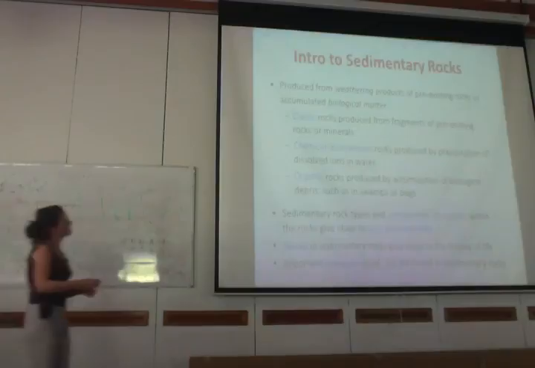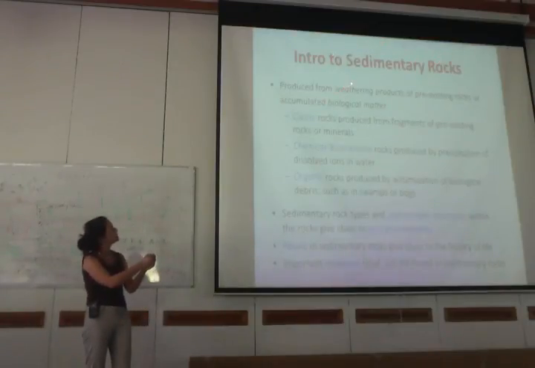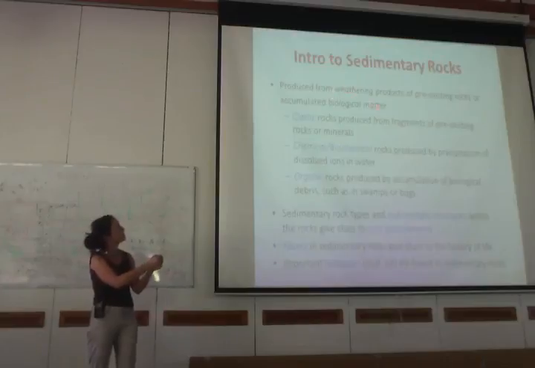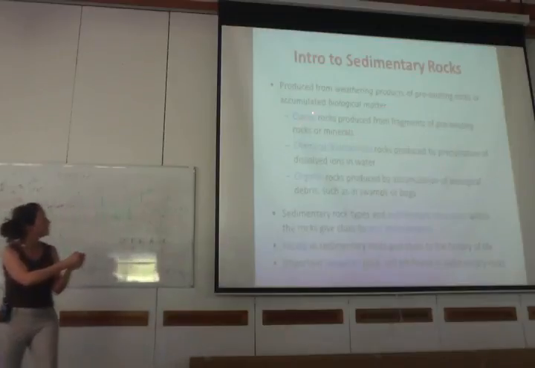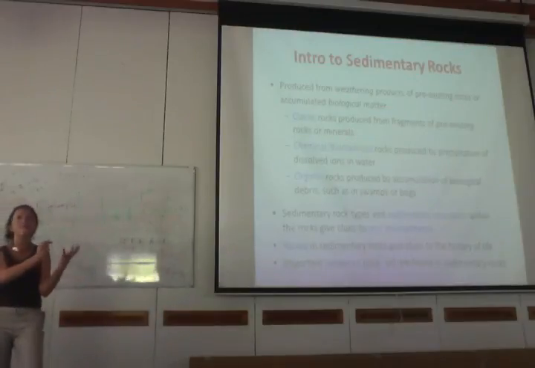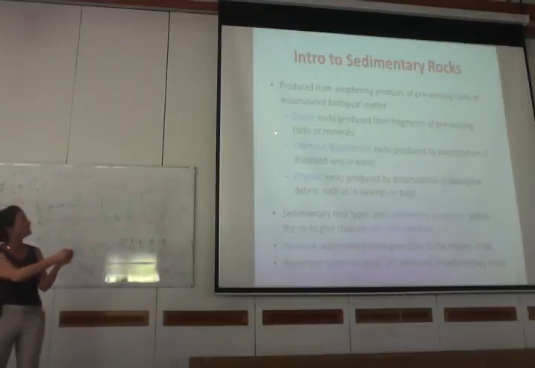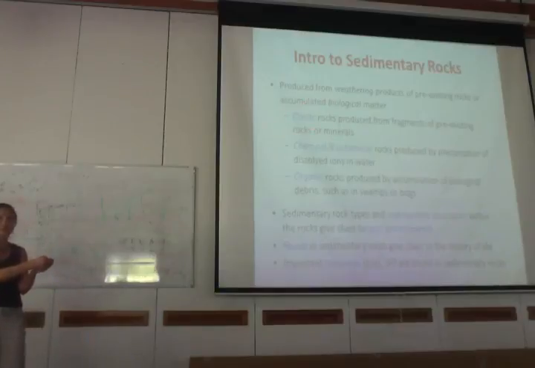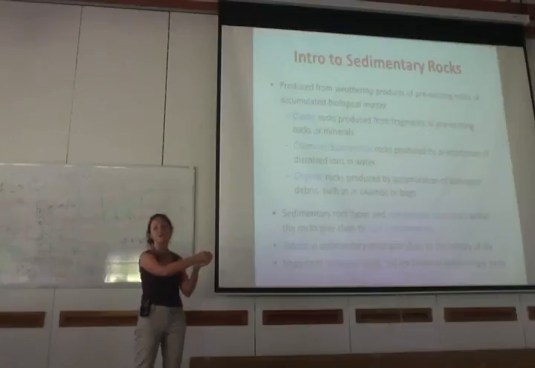So just as a summary slide, introduction to sedimentary rocks: they're produced from the weathering products of pre-existing rocks, or biological matter. We can mainly divide them into 3 or 4 types, which I'll come on to later. So our clastic sedimentary rocks are produced from sediments that are made up of fragments of pre-existing rocks or minerals.